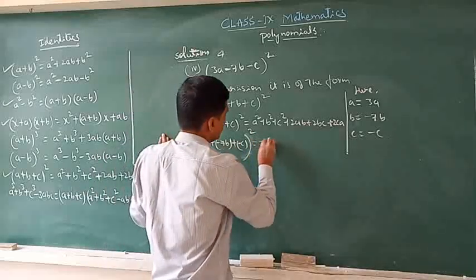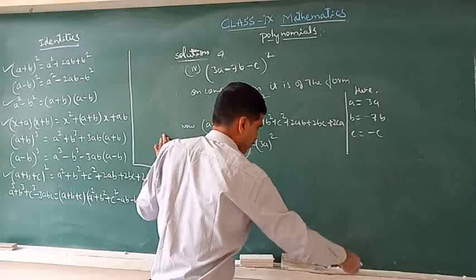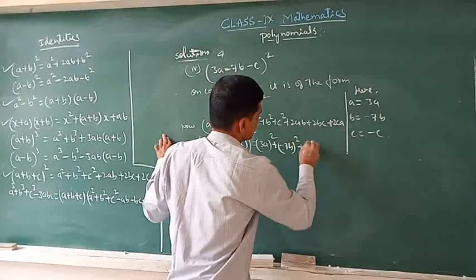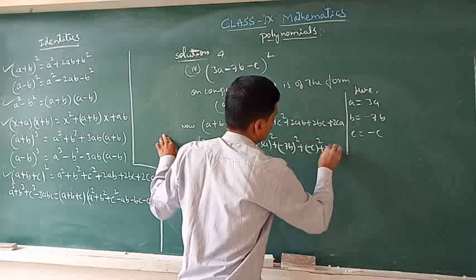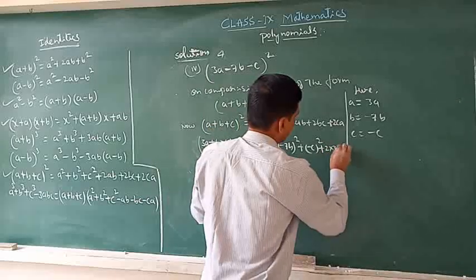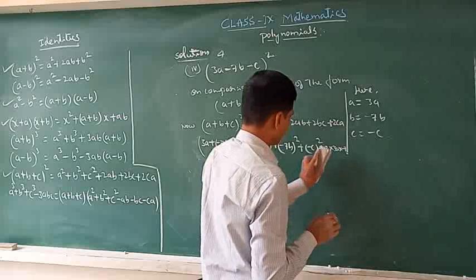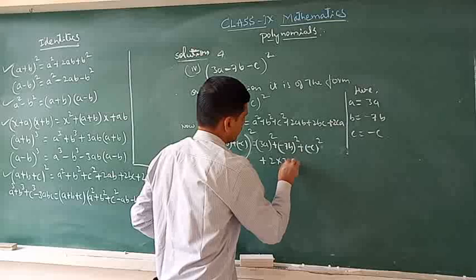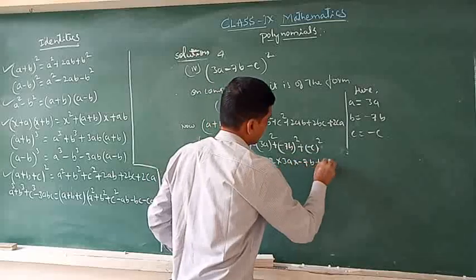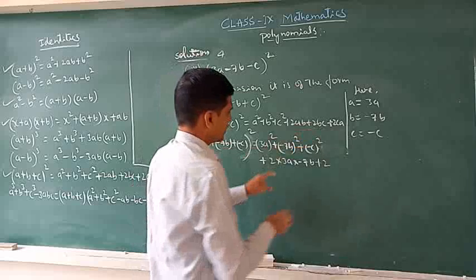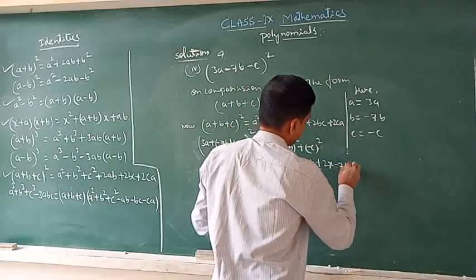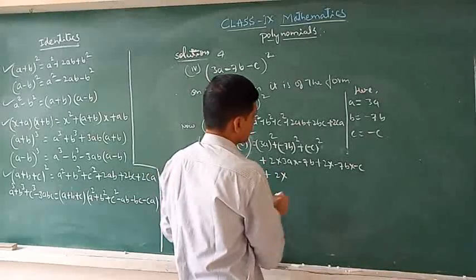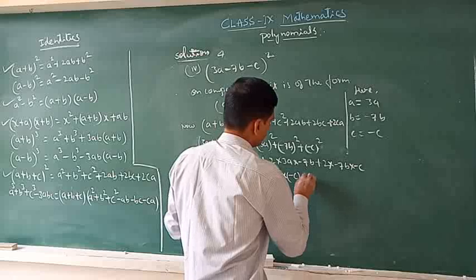So A means (3A) whole square, plus (minus 7B) whole square, plus (minus C) whole square, plus 2 into 3A into minus 7B, plus 2 into minus 7B into minus C, plus 2 into CA, that is minus C into 3A.